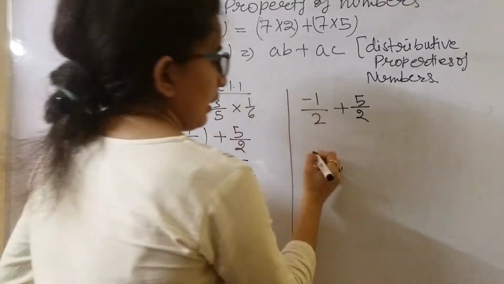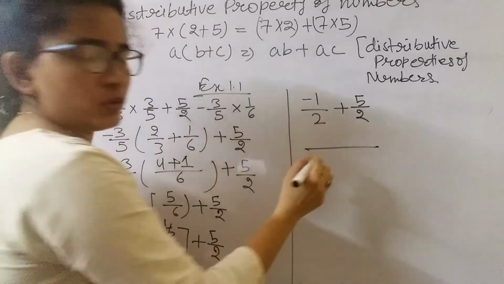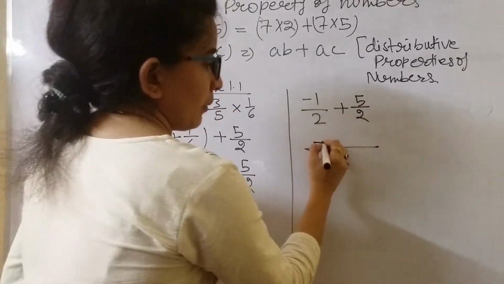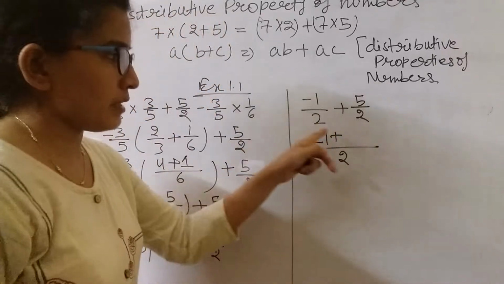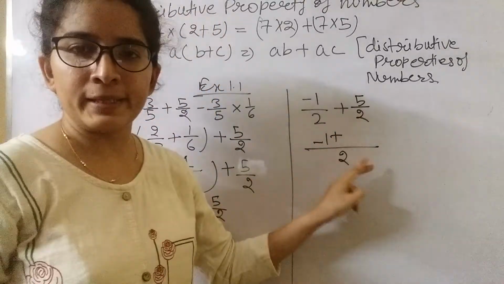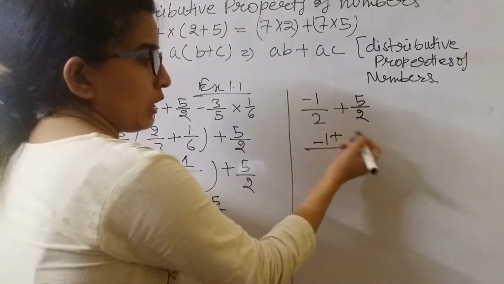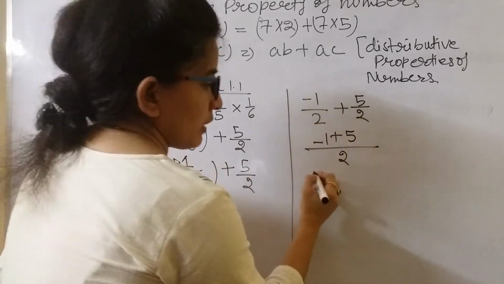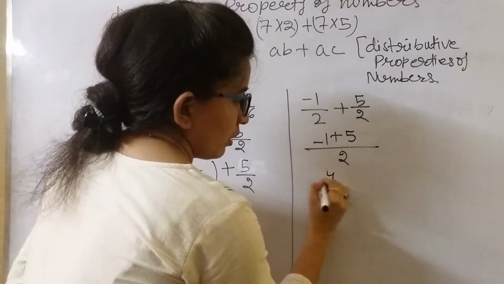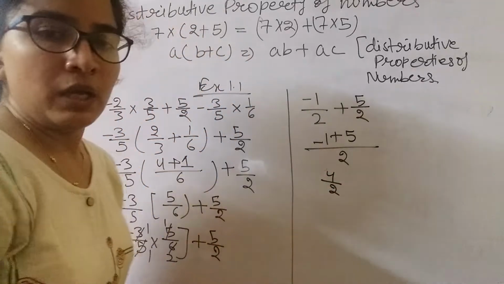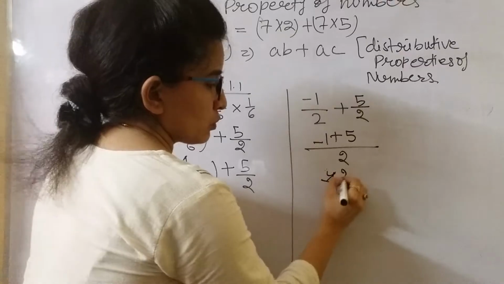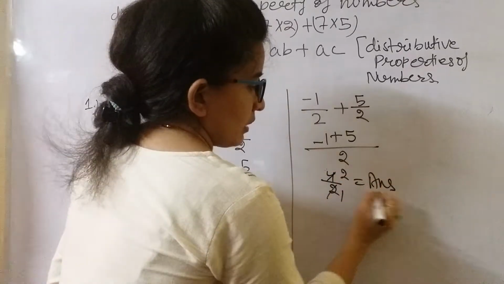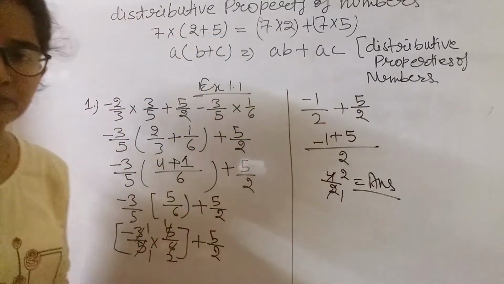Here I have to take the LCM of these two, that is 2, because the LCM of the same denominator is the same, and on the above side the number will remain the same. Now 5 minus 1 is 4, and upon 2, that is 2 ones are 2, 2 twos are 4, so the answer is plus 2.